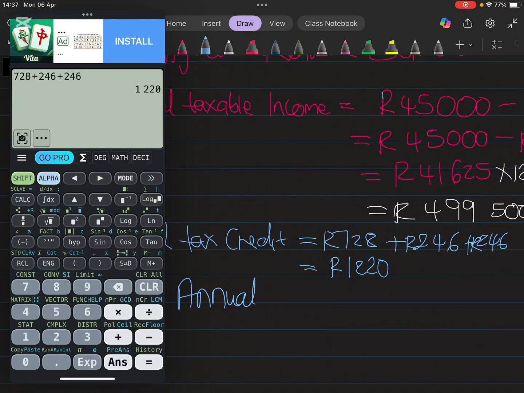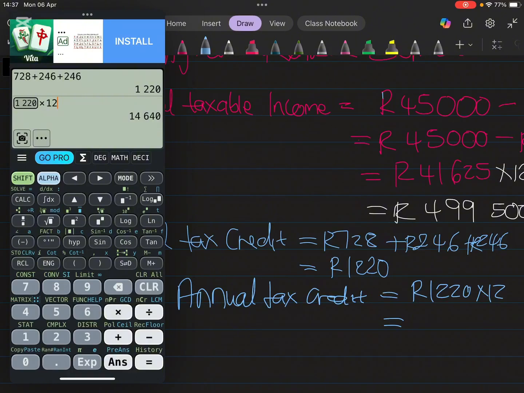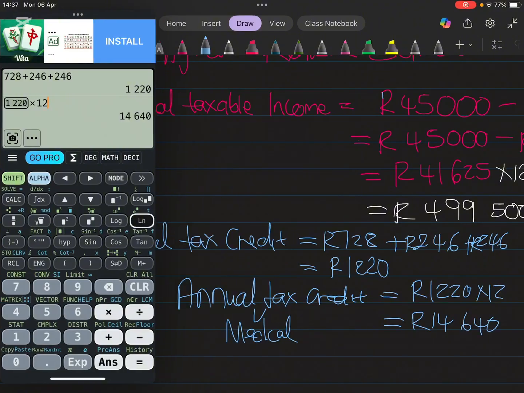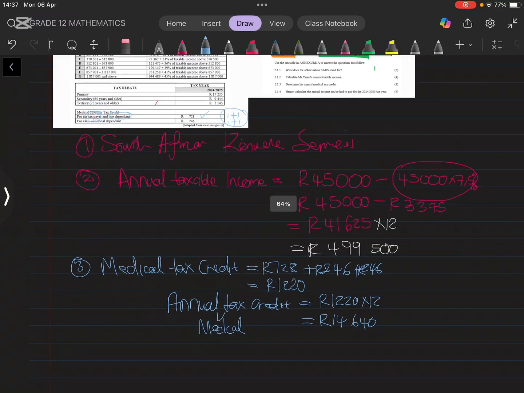So the annual one will be 1,220 multiplied by 12. Then his annual medical tax credit will be 14,640, right?